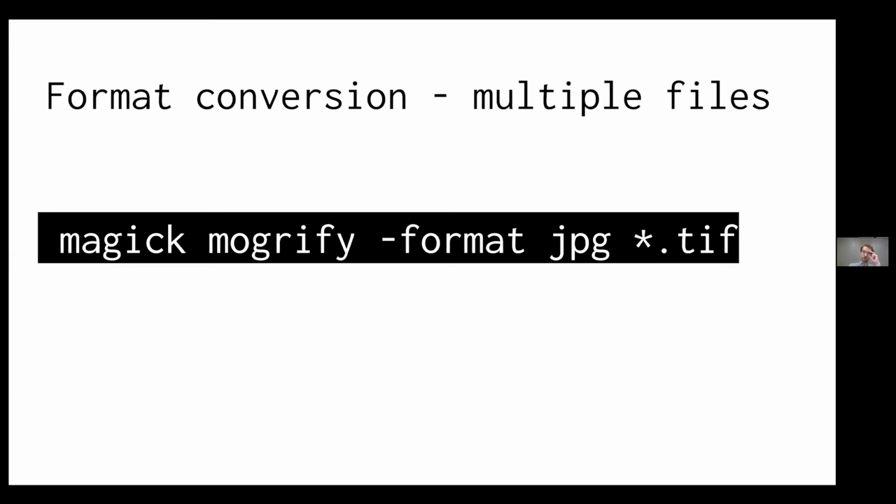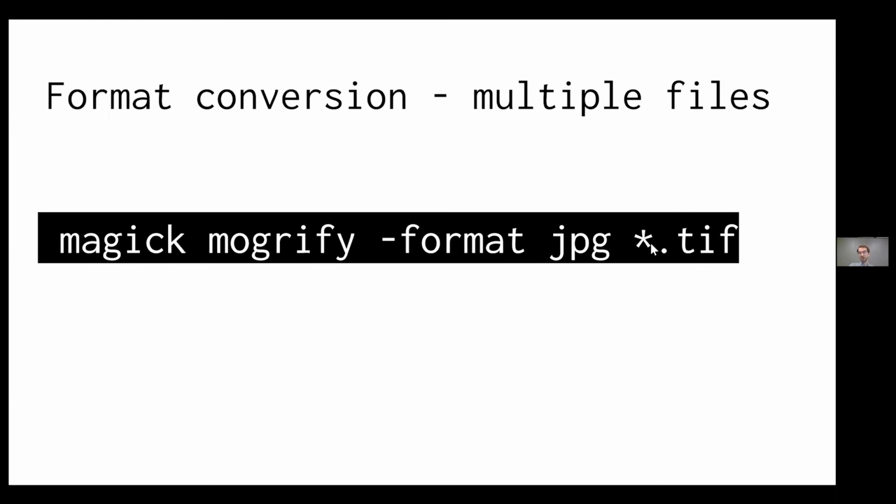Now, if you have a whole folder of TIFF files, let's say, and you want to convert them to JPEGs, then you can use the mogrify command, which is a bizarre name. I'll never understand it. Transmogrify? I'm not sure. But you can use the format switch, -format jpg, which will allow you to convert, and you see I have *.tif, and that asterisk is a wildcard.